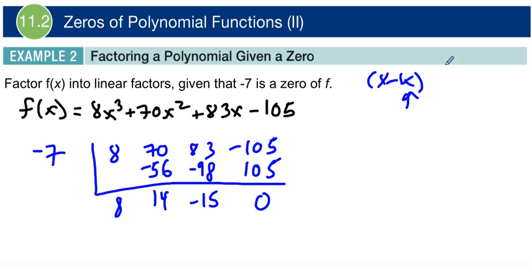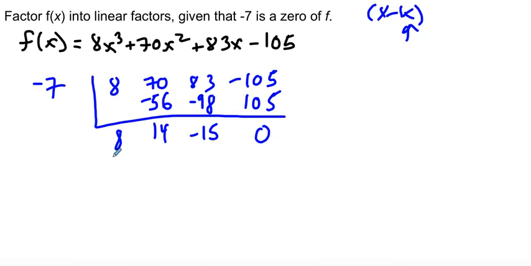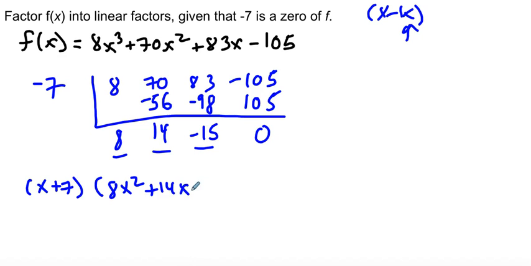Okay, so the reason that is helpful to us is that now these numbers right here are going to give us our other factors, or at least our next polynomial. So watch this. This right here means that is the factor x plus 7. These numbers now mean 8x squared plus 14x minus 15.